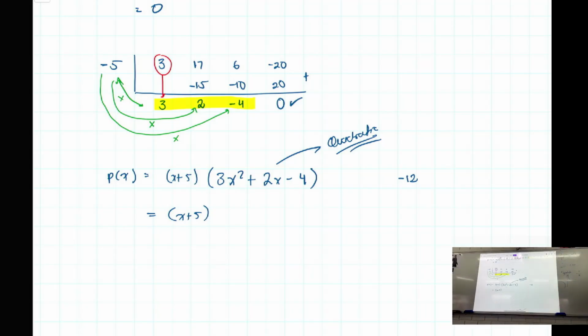No. So how do we solve this? Substitution. Sorry?